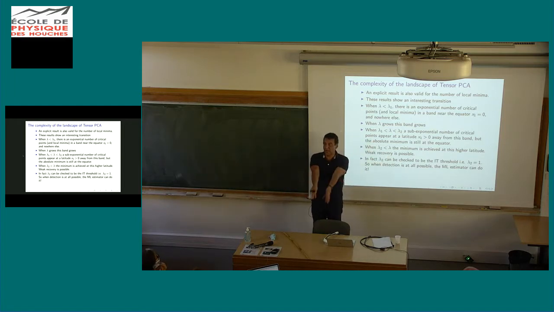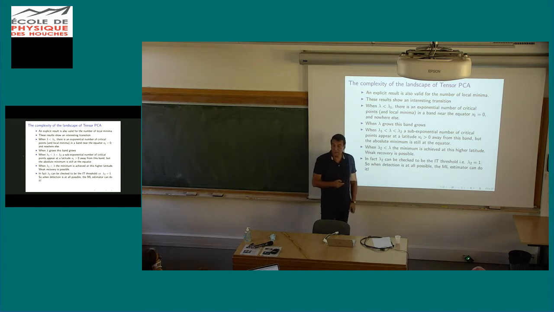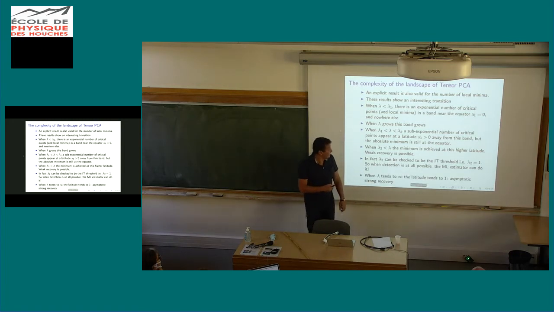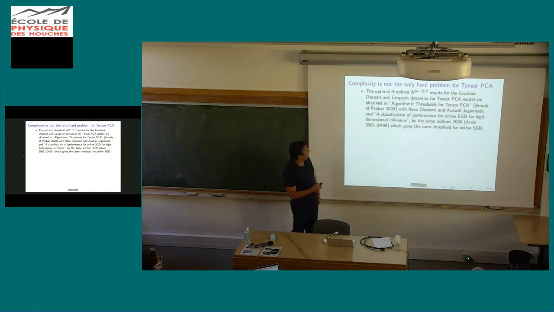The rule is find the absolute minimum. There are some local minima that are good, but which one? Okay, so it looks like this contradicts that, but in fact it's not the case. Okay. And of course, when lambda tends to infinity, this latitude is going to go to the North Pole.